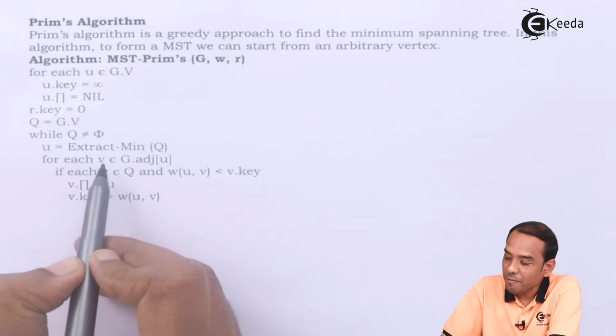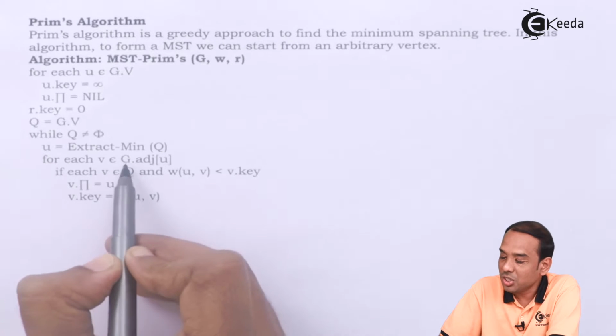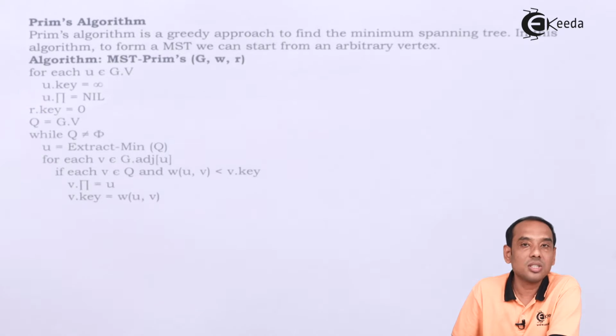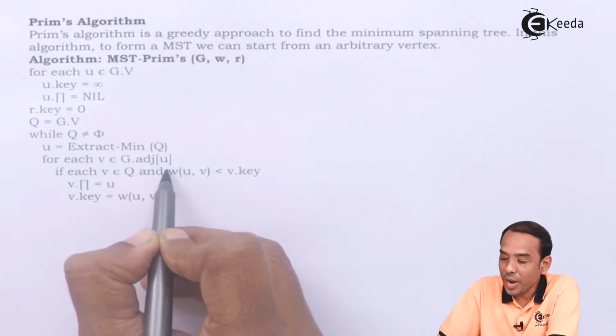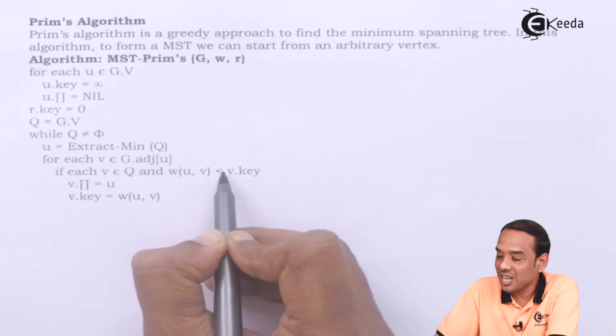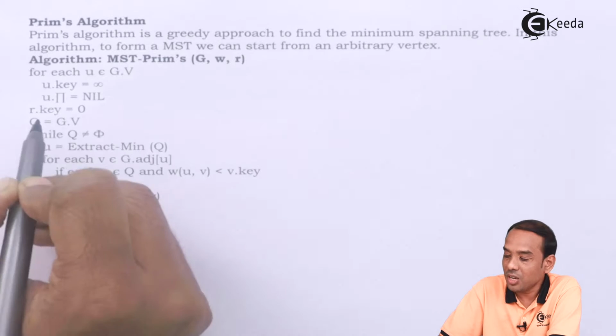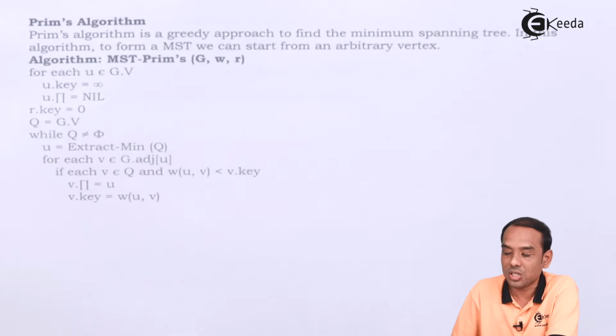Then for each vertex V belonging to G.Adj[U], we are going to use the adjacency matrix of U. Once this is done, we check another if condition. If V belongs to Q and weight of (U, V) is less than V.key, where V.key is taken as 0 for the starting point.